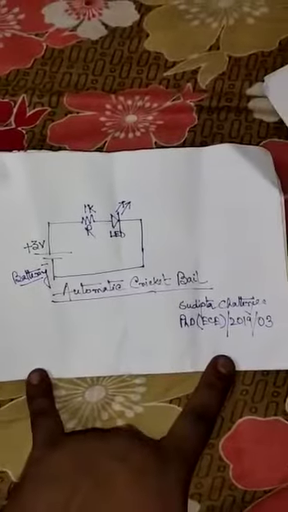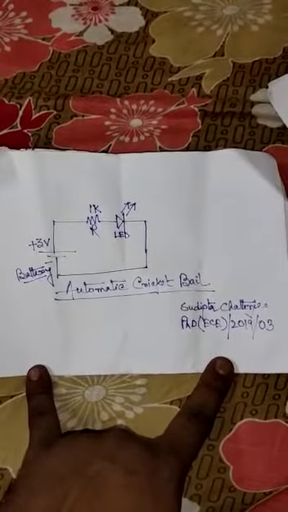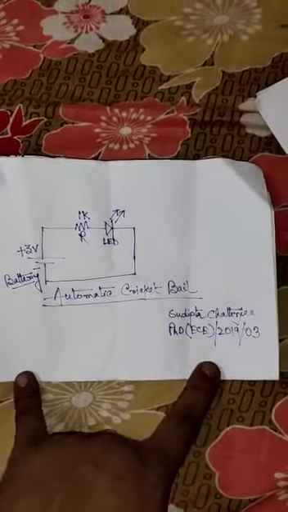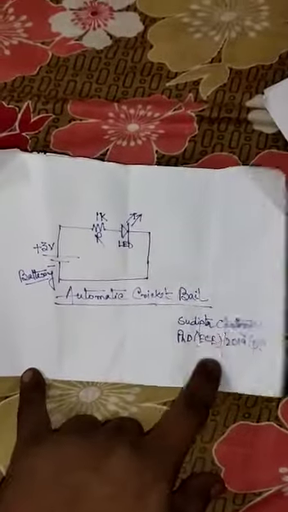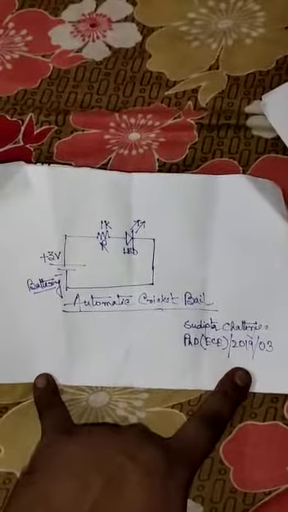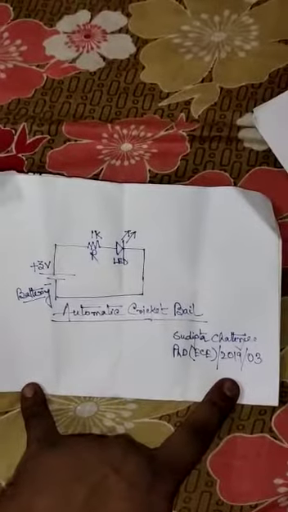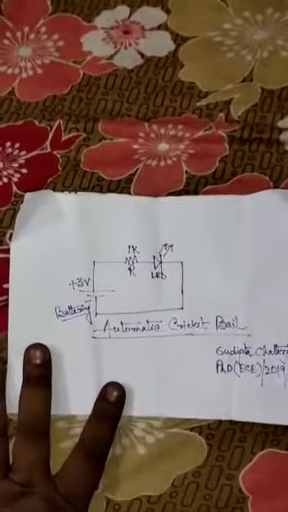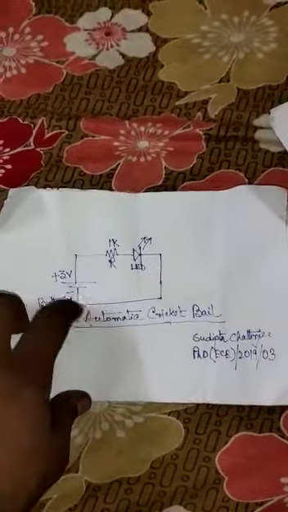This is the circuit arrangement of the automatic cricket bell which I have made. This is my name and this is my roll number because I am from the electronics department. Now the working principle of the circuit diagram is: I have taken a battery, and the positive port of the battery is connected to the LED through a 1K resistance.